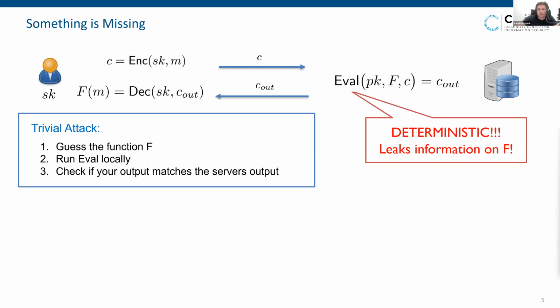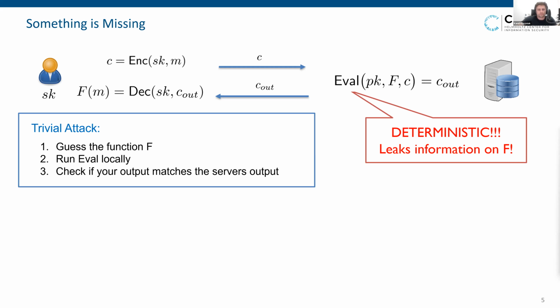With high probability, the ciphertext will match if the guessed function F is the same as the function computed by the server. Note that this is just an example attack, and it's here to show you that this information leakage is present. So maybe much more information about the computation leaks through the output ciphertext.